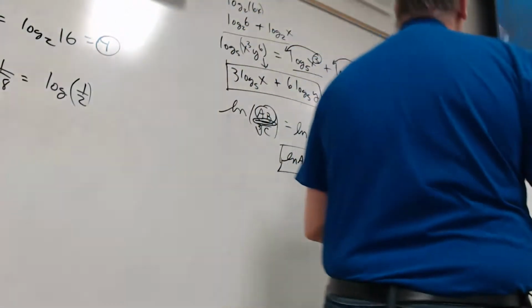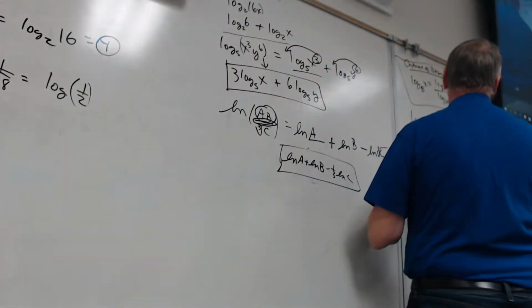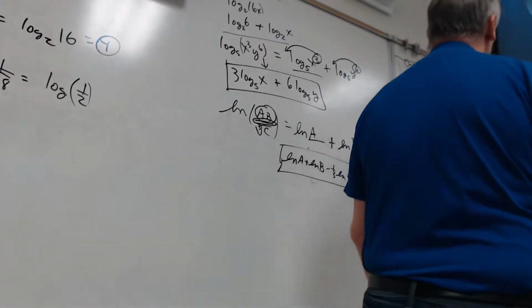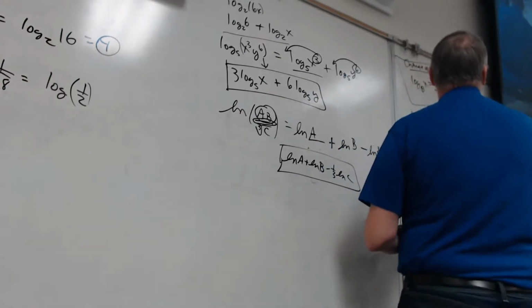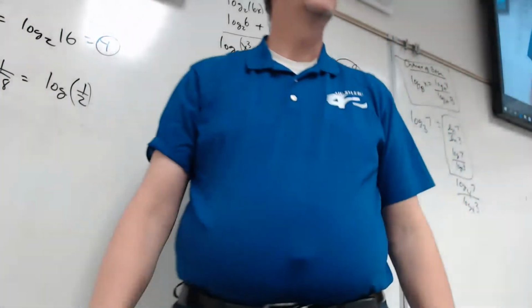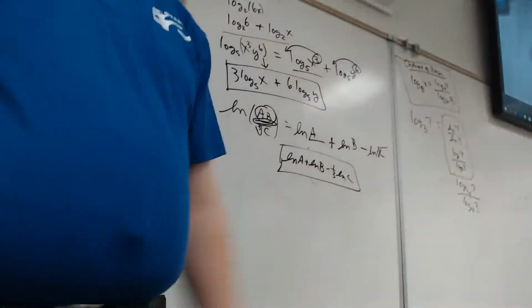I could also change it to the log to any other base. Log base 4 of 7 over log base 4 of 3. I could do that too. But these are the two most common because that's what you have on your calculator. Nobody has that one on their calculator. Okay? And in all three cases, I should get this.